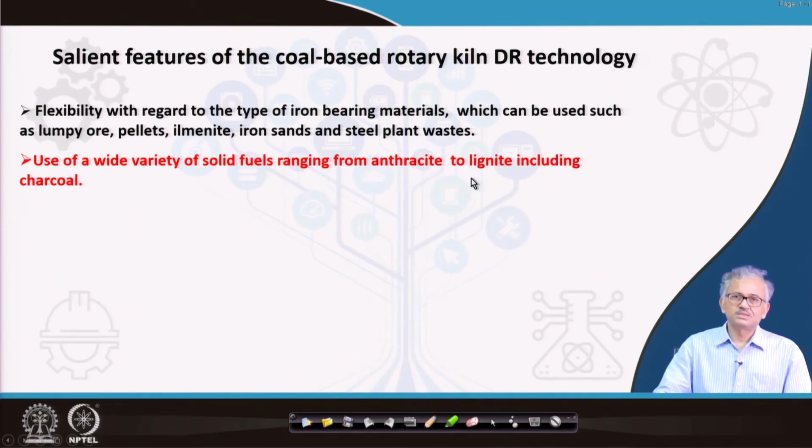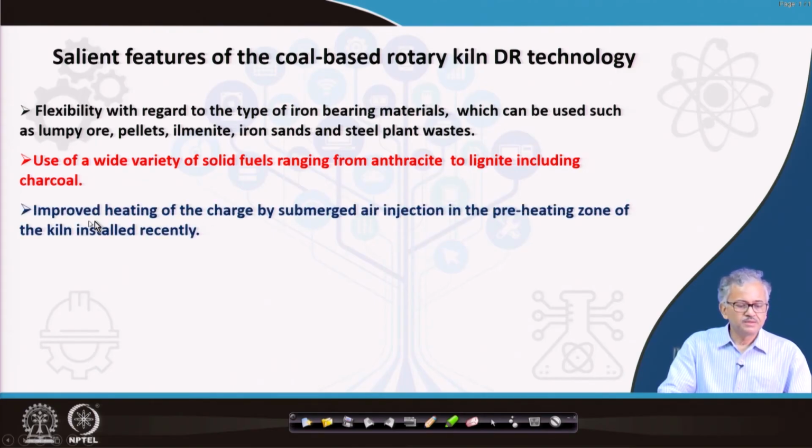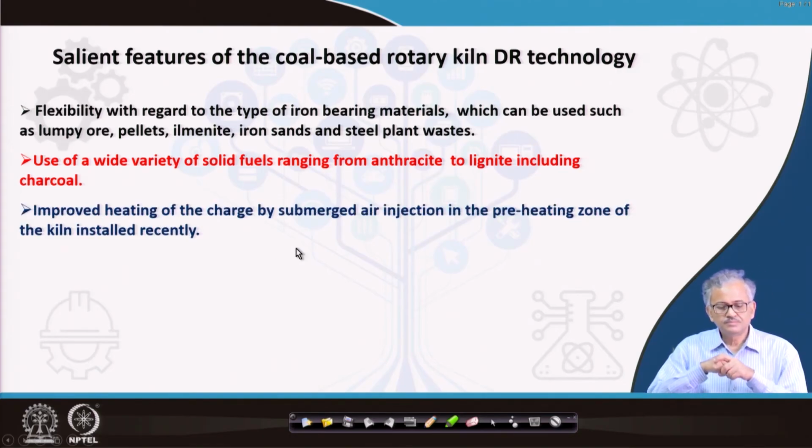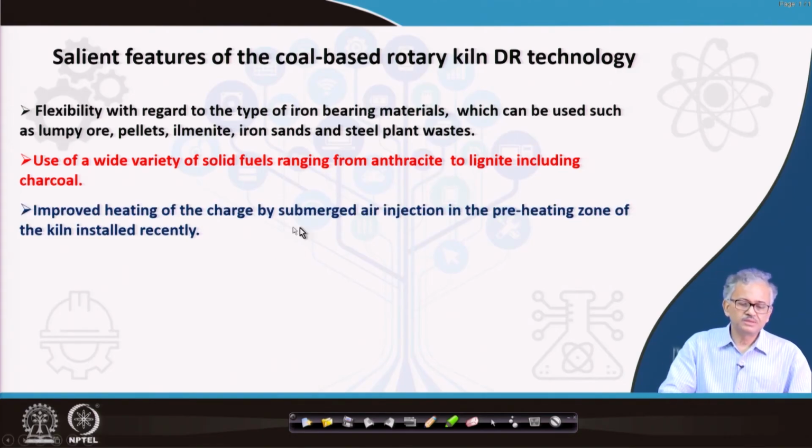That is good, but its fixed carbon content is less. That's why you have to mix it with some good grade of coal, such that you can maintain a balance between the reactivity and the fixed carbon. Otherwise, non-coking coal is also used, but you can use a wide range of coal with an optimized amount.